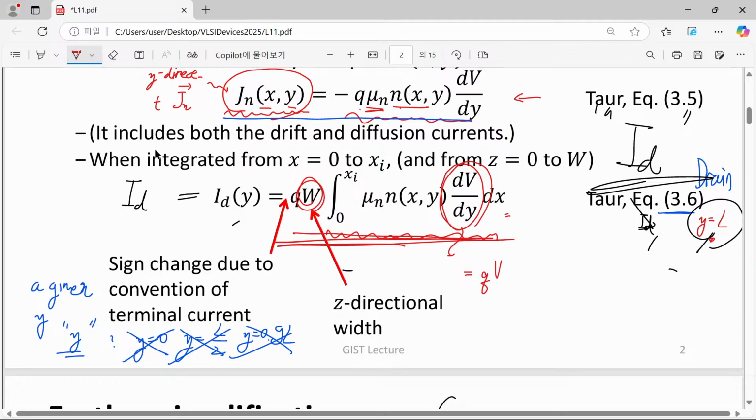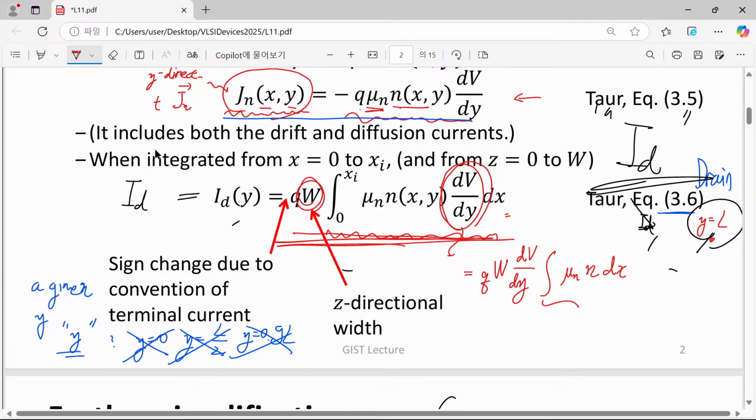Q W dV over dy and integrate mu n dx. What I have done is just to pull out our dV over dy because this is a constant over a given y value.